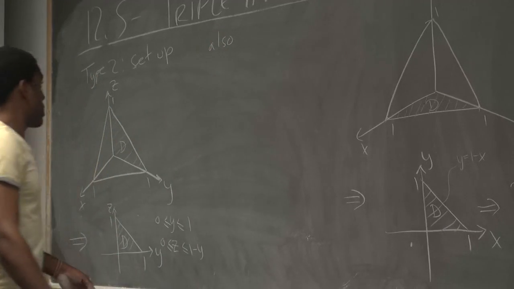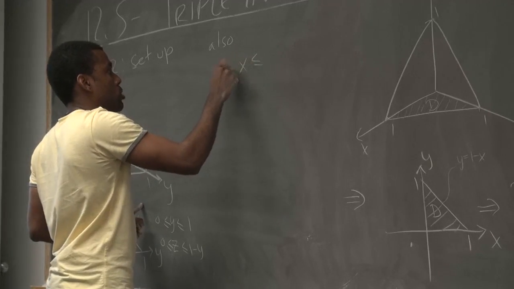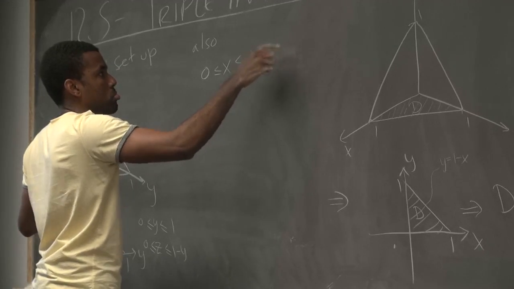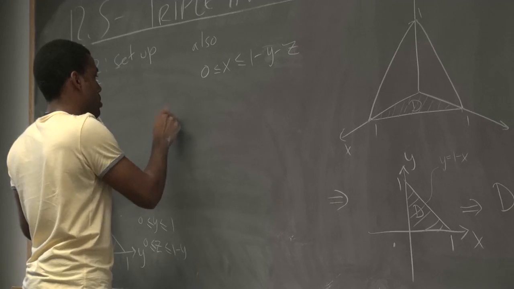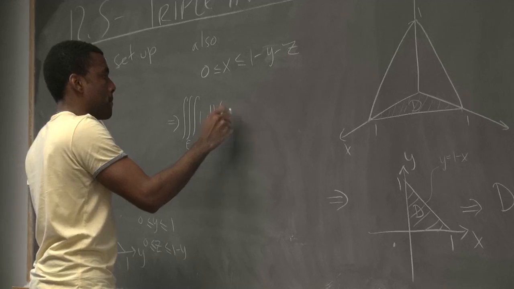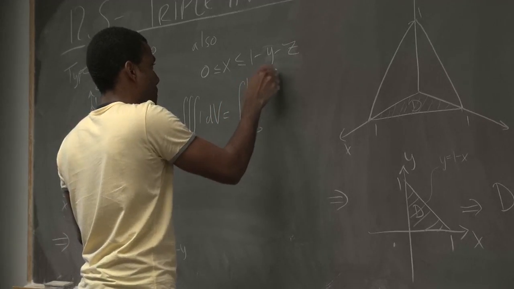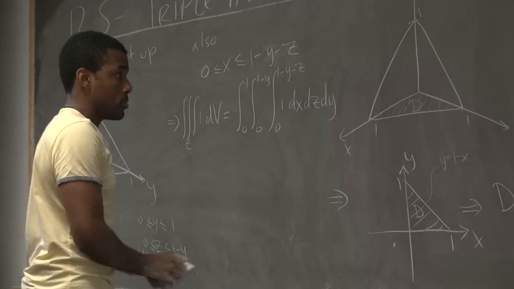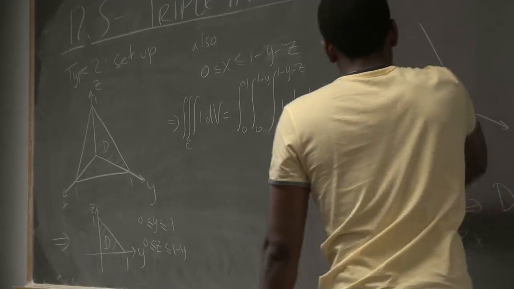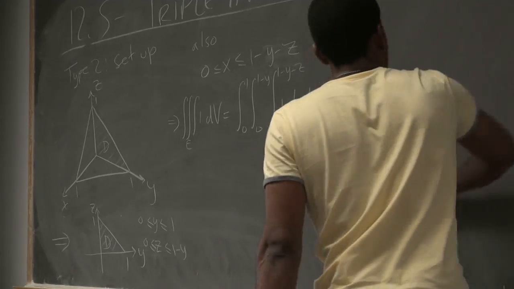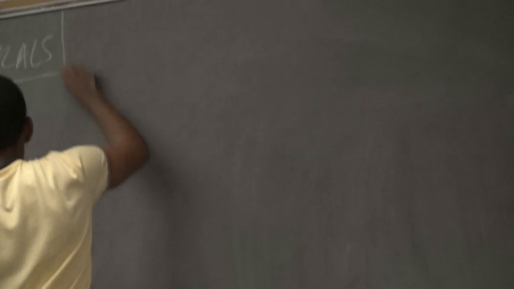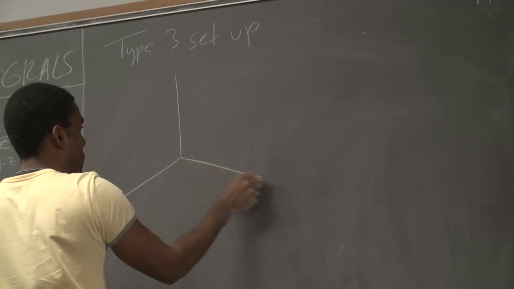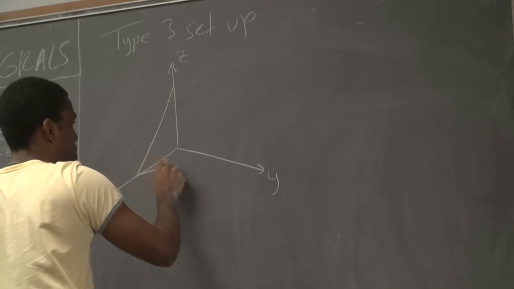Also, I can figure out that my X goes between 0 and 1 minus Z minus Y, 1 minus Y minus Z. I mean, I picked a very nice solid here, so there's not much change going on.